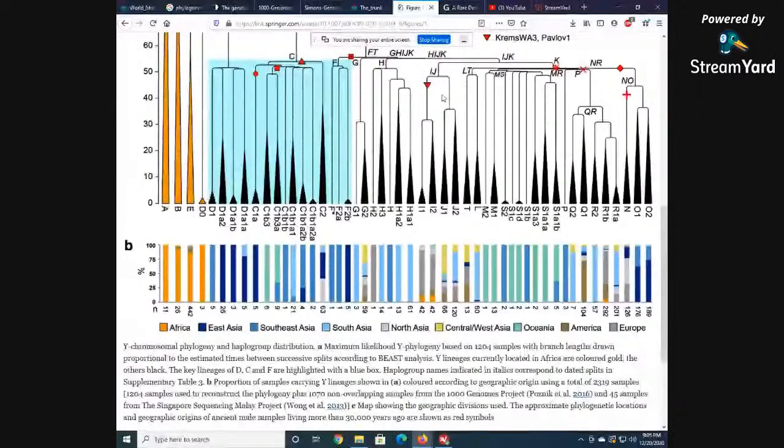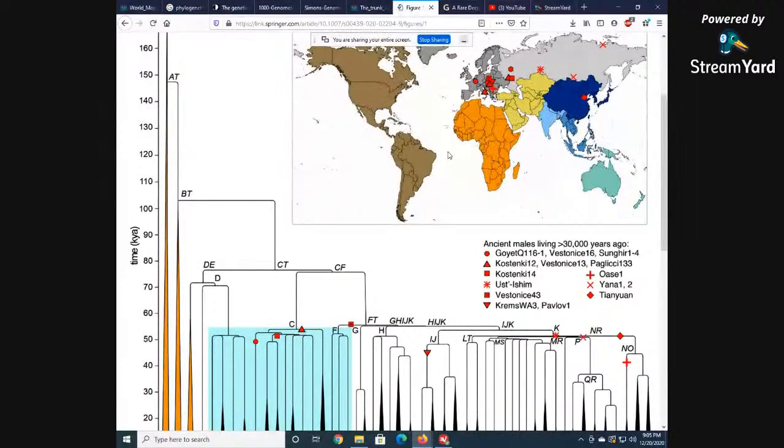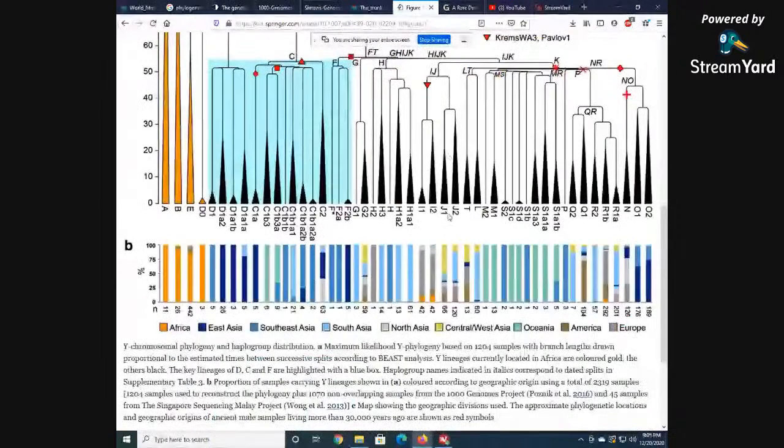So, and we have this yellow color, which is, of course, the Middle East. Of course, you would have the J1, the J2 in the Middle East, and the T. There's the T again in the Middle East. The L and the G. And, of course, the G too, because the G is Semitic.